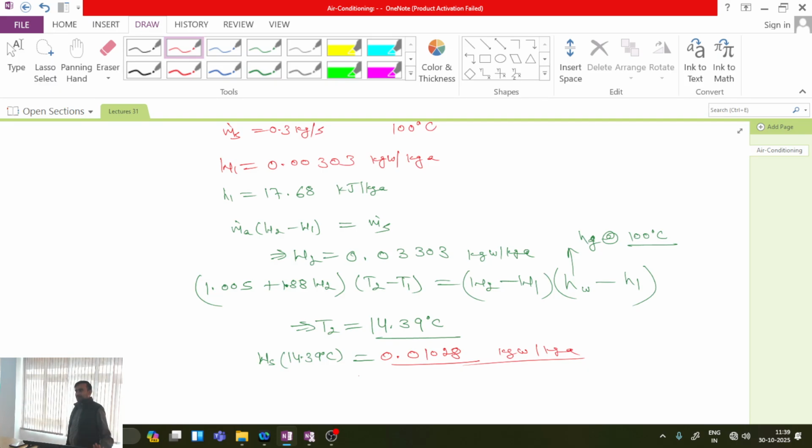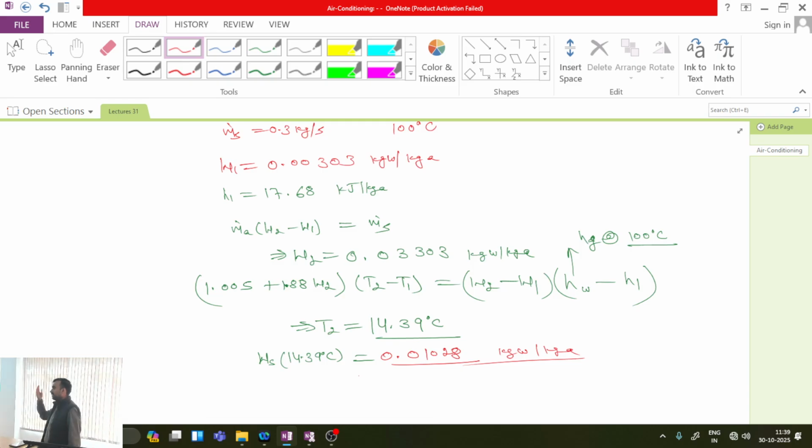So at present this question appears, from mathematical analysis, to satisfy the mass balance for water vapor, and it satisfies the energy equation, and it is giving us the value of W2 and T2. But as a check, whatever temperature we are getting, corresponding to that temperature, air will have a certain capacity to hold moisture.